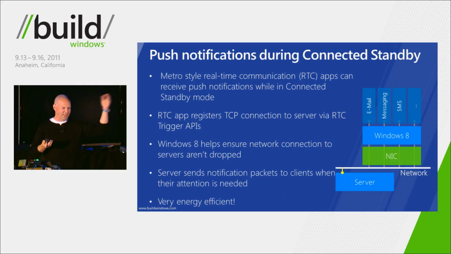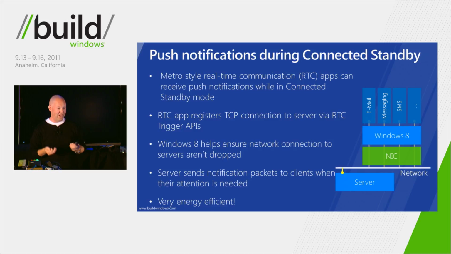It makes sense. You're going to make your TCP connection to a server, and then you're going to use these new RTC trigger APIs. They're part of the Windows runtime APIs, and you'll use those along with your favorite Windows runtime networking APIs to make your connection. Maybe you saw Dave Thaler's talk a little bit earlier today about the new Windows runtime socket APIs.